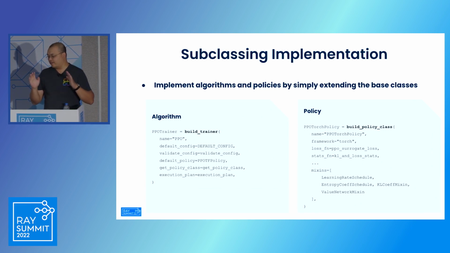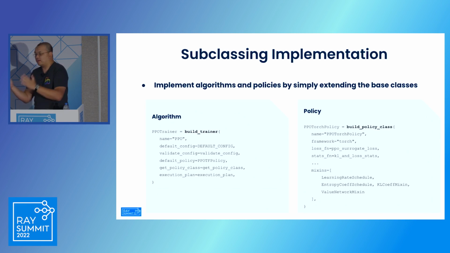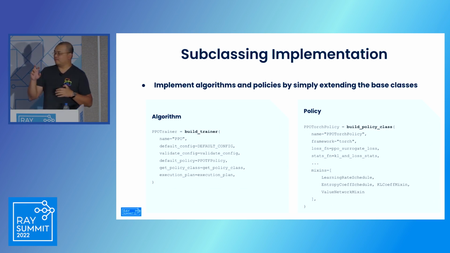It's actually not very clear, because to figure out what the policy actually looks like, you need to go look at the template class, and then you need to look at what's getting overridden here. And also, because the set of extension points is fixed, making an extension change that's not covered by the current set of extension points is harder because you need to make a framework change, right? And then you can use those in the builder function.